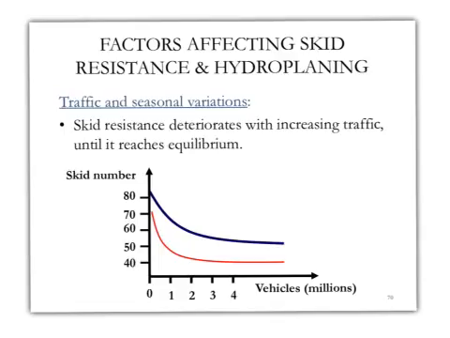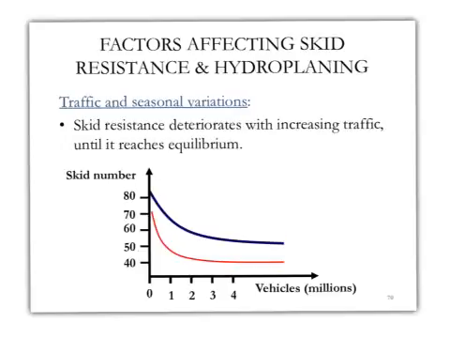Here is a very interesting relationship between the skid resistance and the number of traffic and seasonal variations as well. We could see that skid resistance really deteriorates with increasing traffic until we reach some equilibrium phase. We've got two lines here.